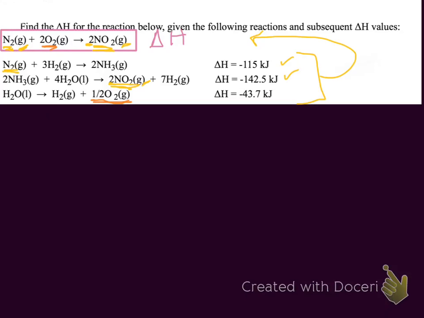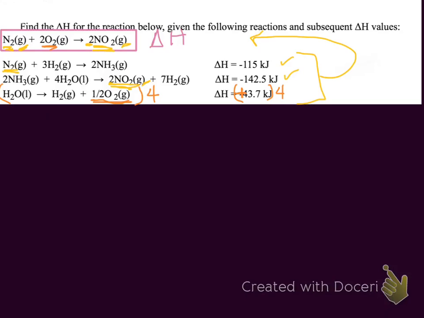We need it to be 2 oxygens. So what we're going to do is we're going to take this and we're going to flip it. Whenever we flip it, we're going to take whatever the sign is and we're going to change it. So this was negative, it's now positive. And we're also going to multiply this by 4. So we're going to flip it and we're going to multiply it by 4.